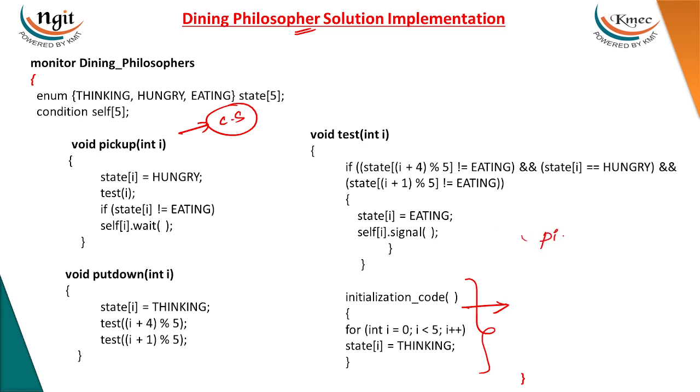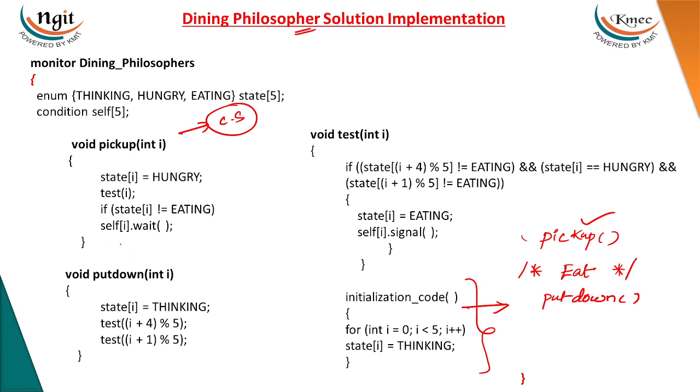First, we need to pick up the chopsticks. After picking up both chopsticks, we start eating. Then once eating is finished, we need to put down both the chopsticks. So we pick up both chopsticks and put down both after eating. This eating comes under the critical section.